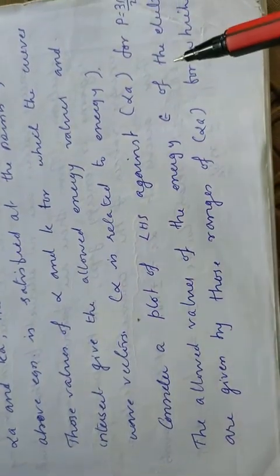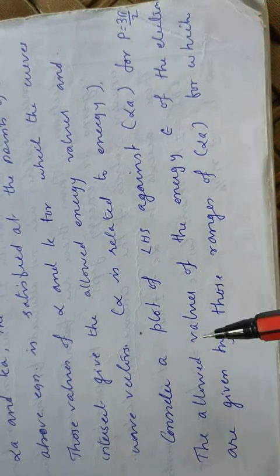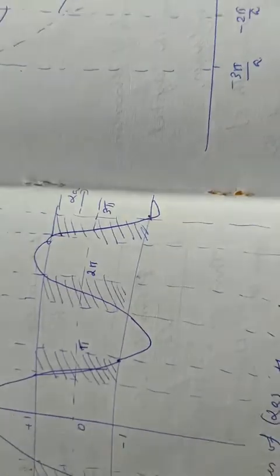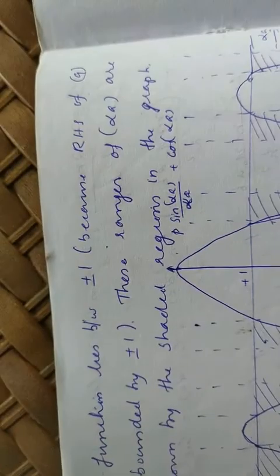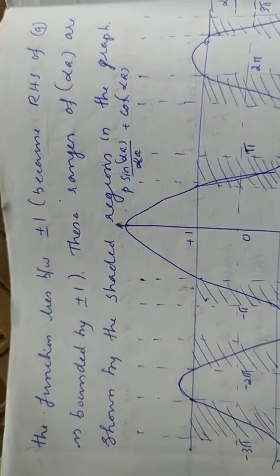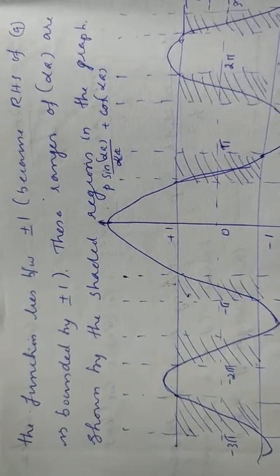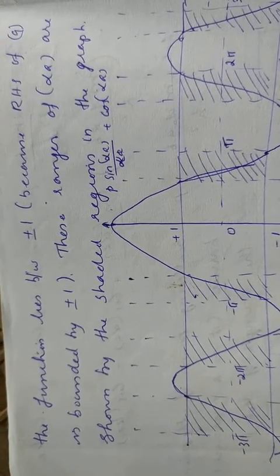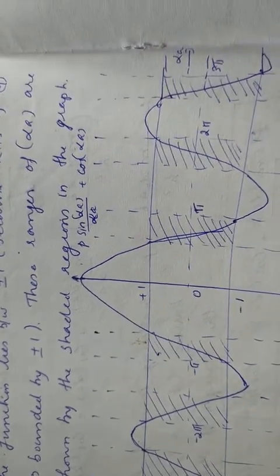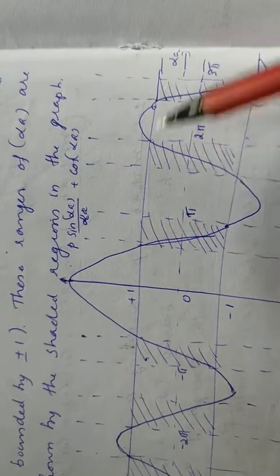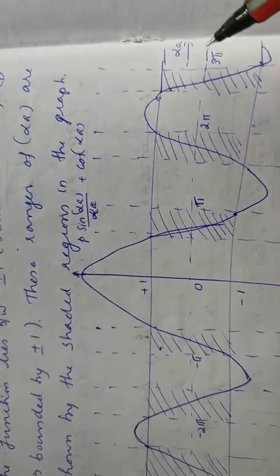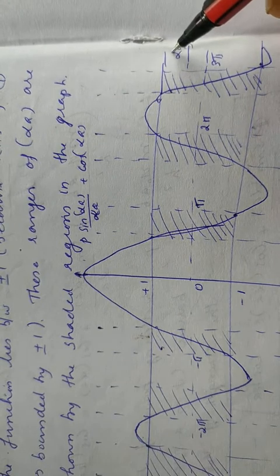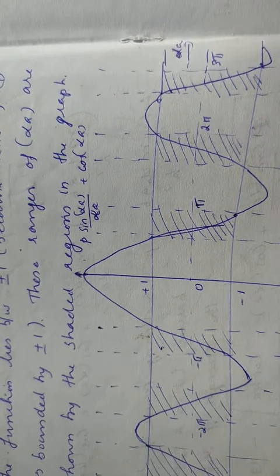The allowed energy values E of the electron are given by those ranges of alpha a for which the function lies between plus or minus 1, because the RHS of the equation is bounded by plus or minus 1. On the x-axis we have taken alpha a.